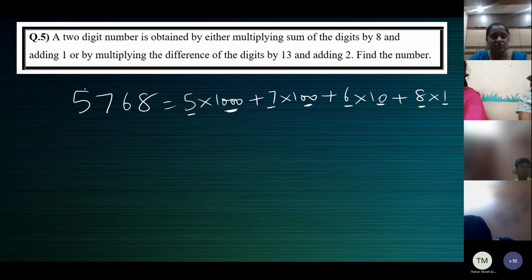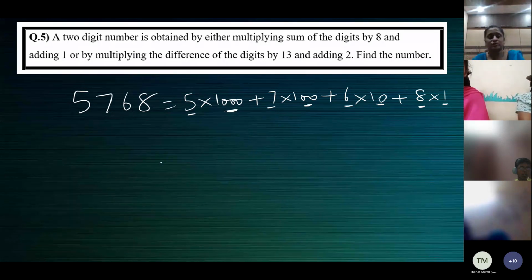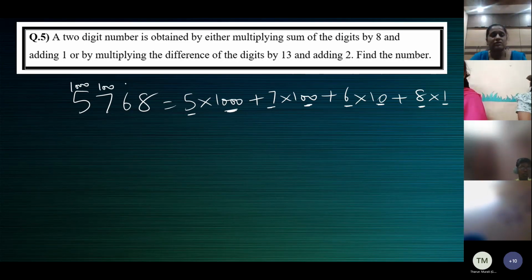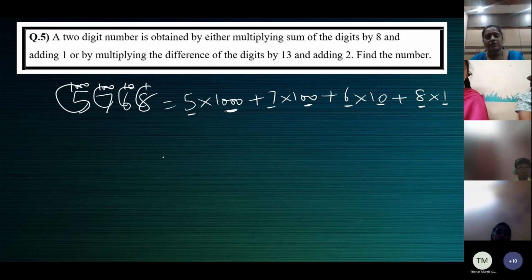So we multiply the digit with the respective place value: 1,000, 100, 10, and 1. 5 into 1,000 plus 7 into 100 plus 6 into 10 plus 8 into 1.